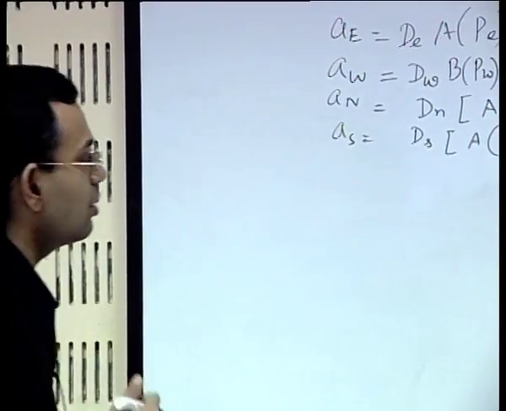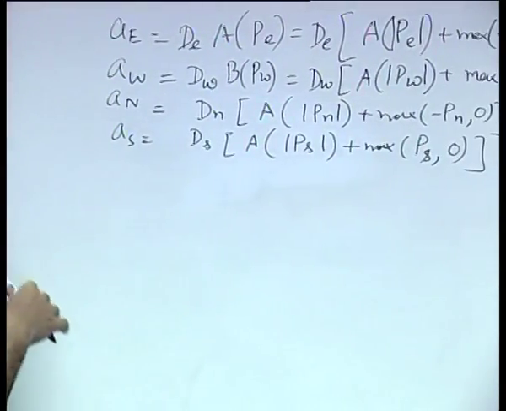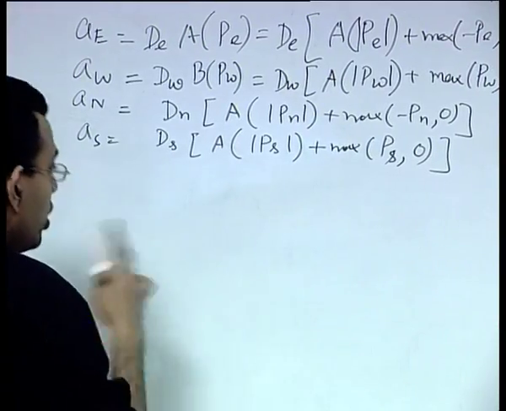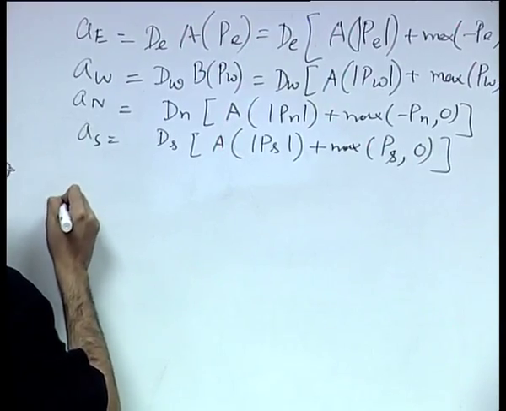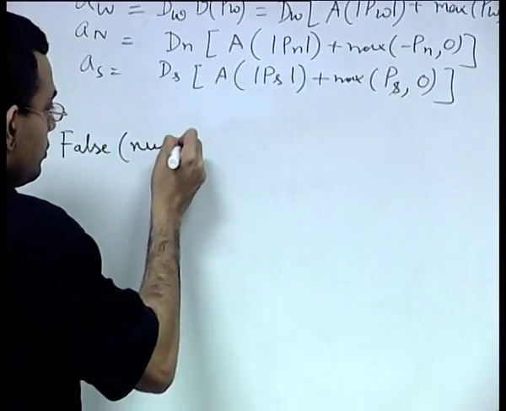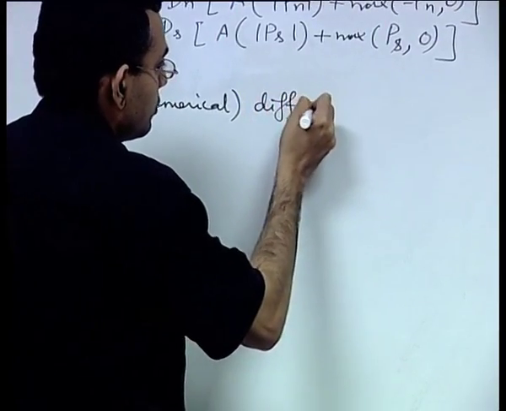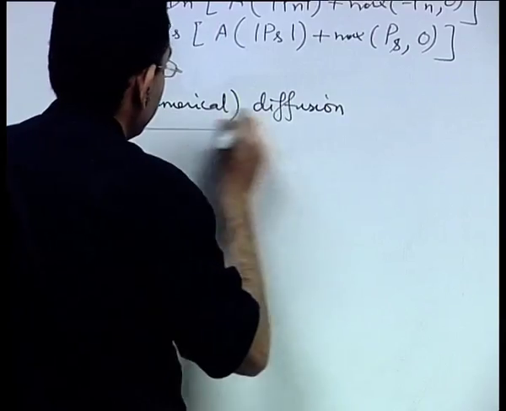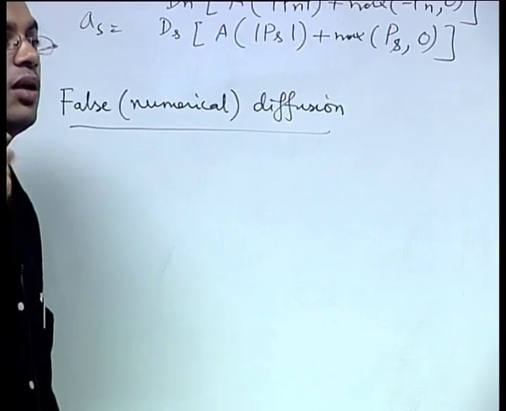Now, we will go into a more involved issue concerning the applicability of two of these particular schemes, and that issue is known as false diffusion or numerical diffusion. By the name of false diffusion, it is apparent that it is a diffusion which is not a physical one.